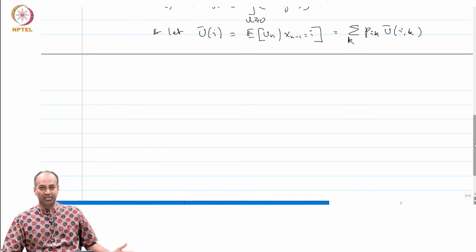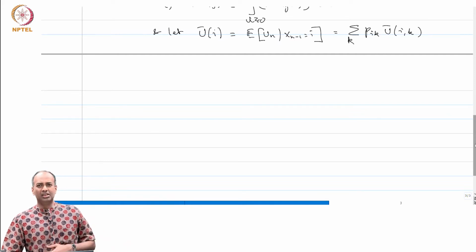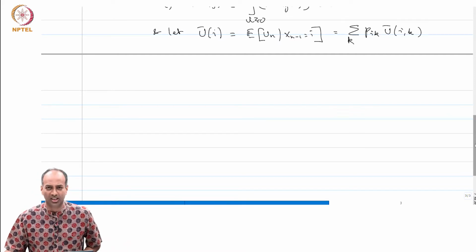If you want to look at the average fraction of time spent in some state j, in the CTMC case, if pi k was the underlying distribution of the embedded Markov chain, we could get P j as pi j over nu j divided by the sum over pi k over nu k, assuming that the denominator is finite. Actually, even if the denominator is infinite, it is still correct, except you have P j is 0 in that case. Something very similar holds here, the arguments are almost identical.